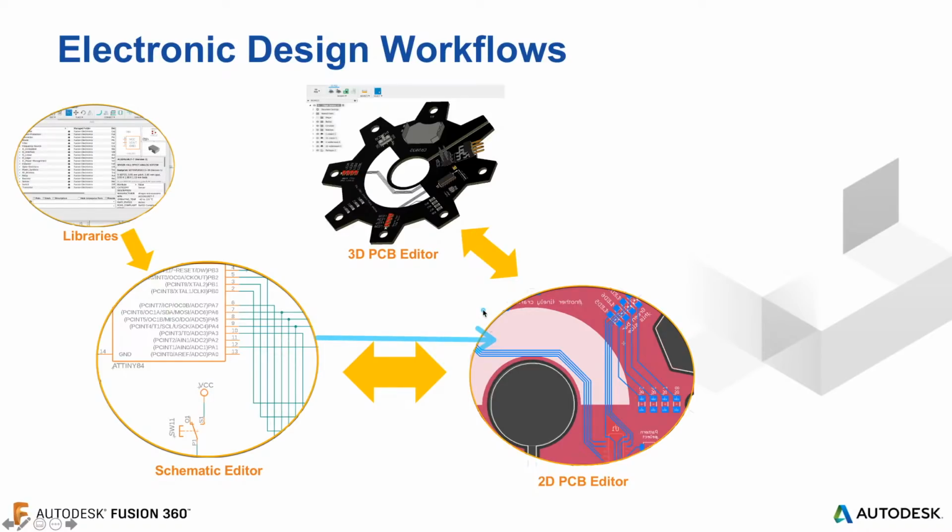Now this is going to be a kind of bidirectional workflow, because any modifications that you need to do to the schematic will actually affect the circuit board. There are certain modifications that could be done to the circuit board that actually will carry over to the schematic, such as renaming components, changing the value of components, or renaming connections.